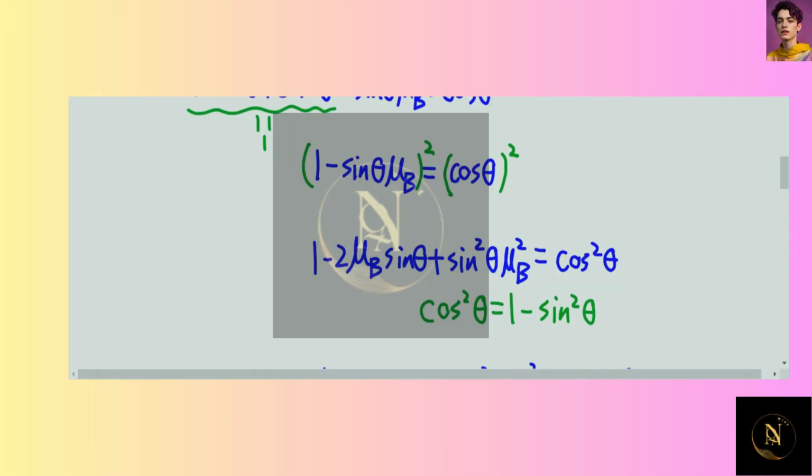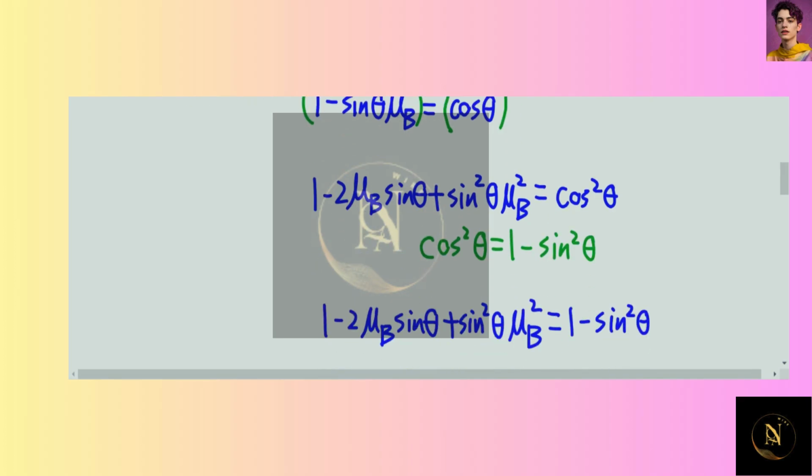We know cosine squared theta is equal to 1 minus sine squared theta, so we substitute it for cosine squared theta. This gives us 1 minus 2 mu B sine theta plus sine squared theta mu B squared, I'm sorry, it's mu B squared, equal to 1 minus sine squared theta.